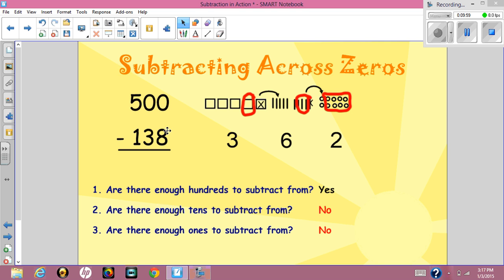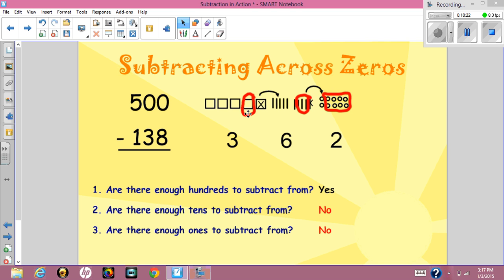So we're going to take 8 of our ones, and I've just put a box around them. Then we're going to take 3 of our tens, and then we're going to subtract 1 of our 100 boxes.